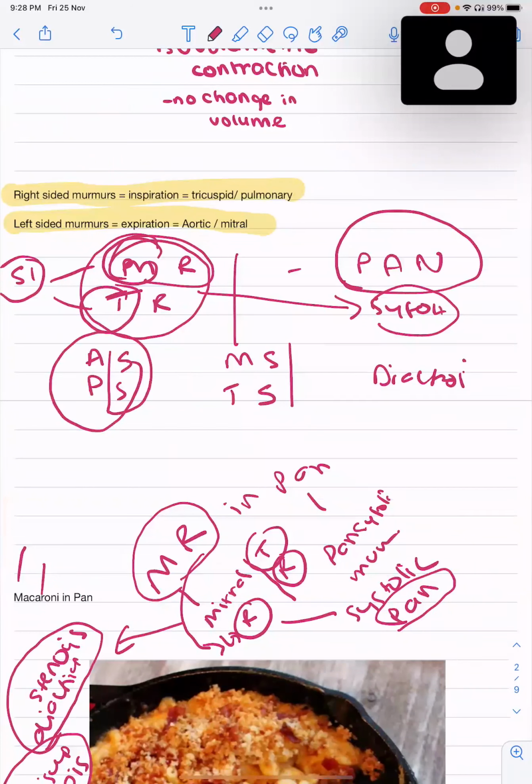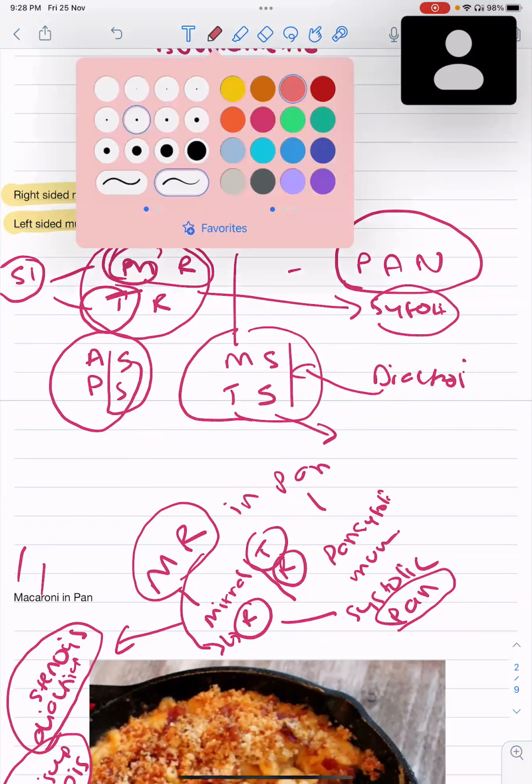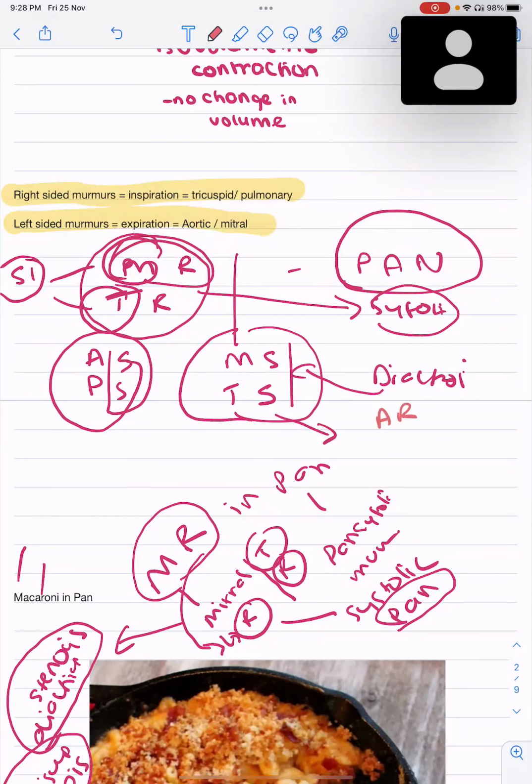Whenever there's a systolic phase, it could be either regurgitation of mitral and tricuspid, or the opposite, aortic and pulmonary stenosis. Whereas in diastolic, since you have mitral stenosis and tricuspid stenosis, you're going to have aortic regurgitation or pulmonary regurgitation. Am I clear, guys? Any questions till now?